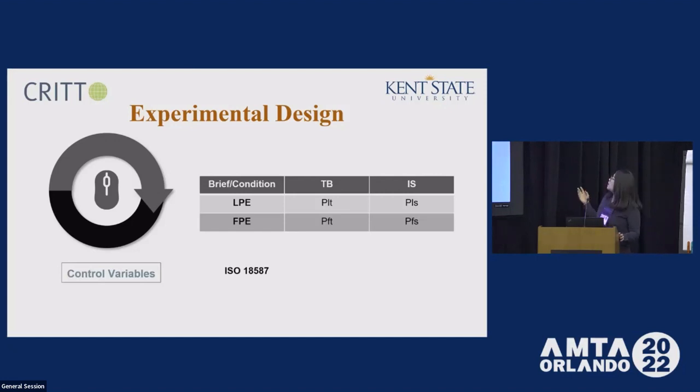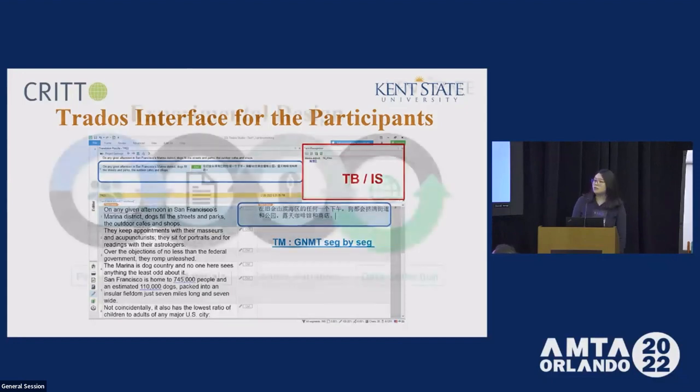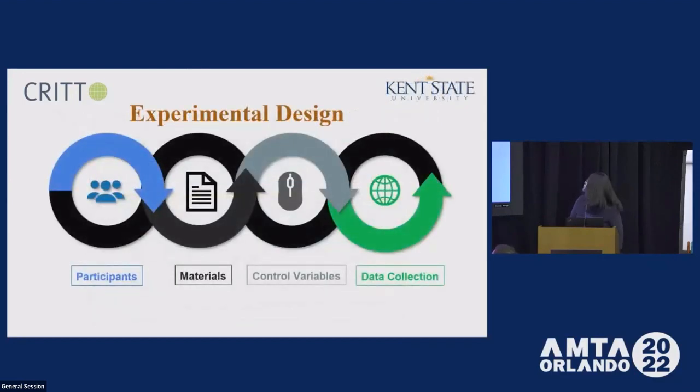Or they are provided with the full post-editing translation brief with internet search option, but cannot have access to the term base. That is a little bit abstract, so I can show you the working interface they're working on when they're doing our experiment. So we provide the translation memory with the Google Neural Machine Translation output.